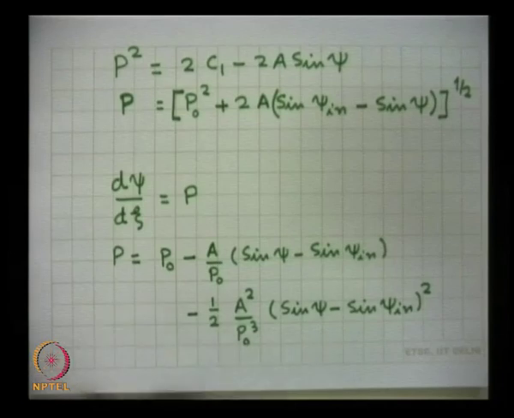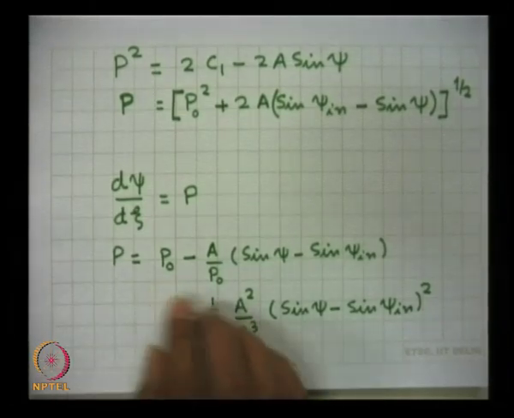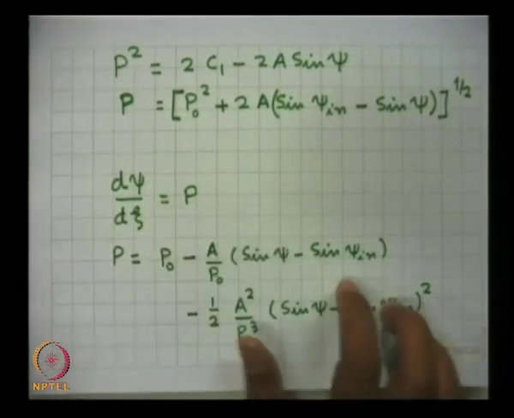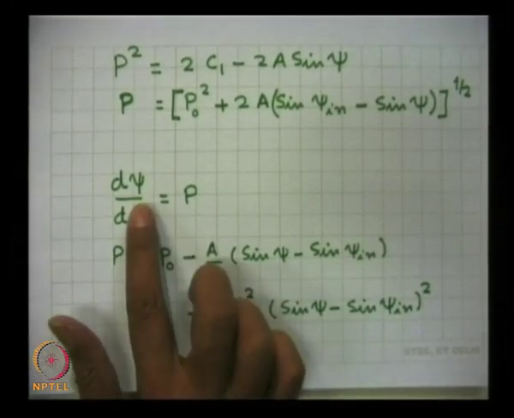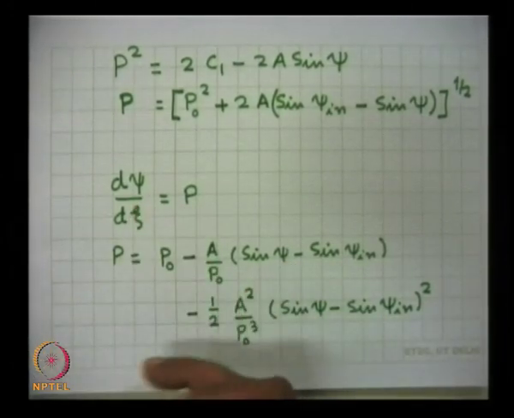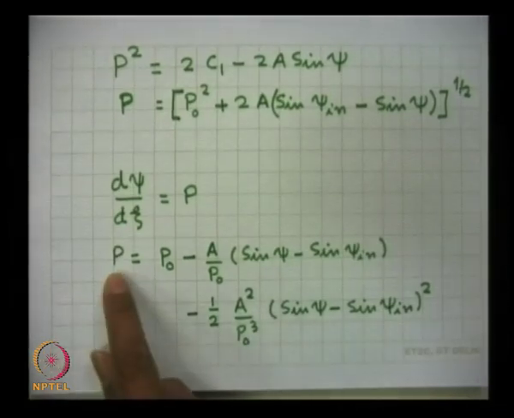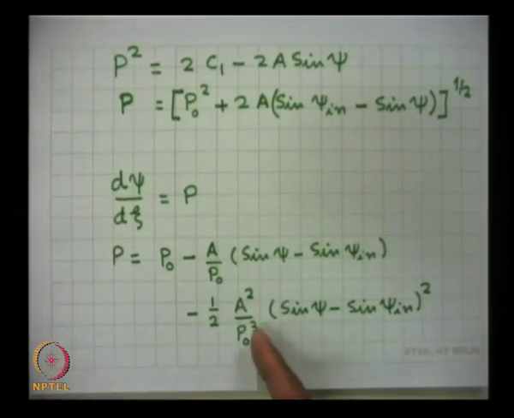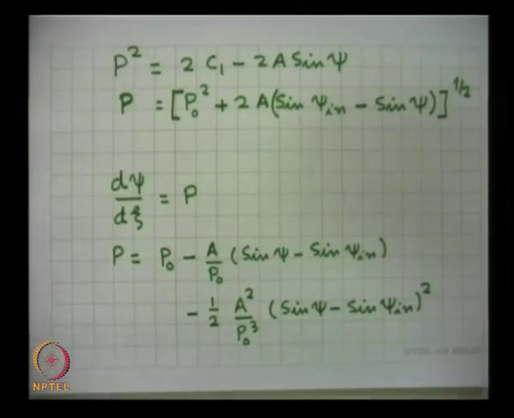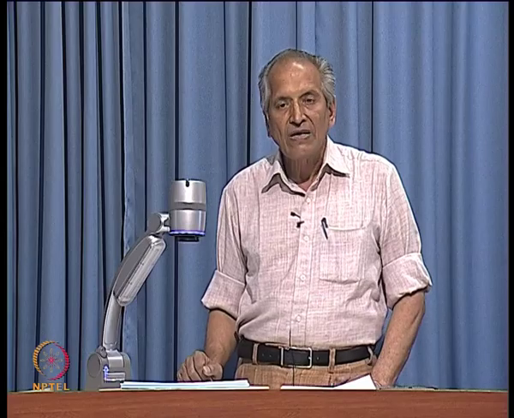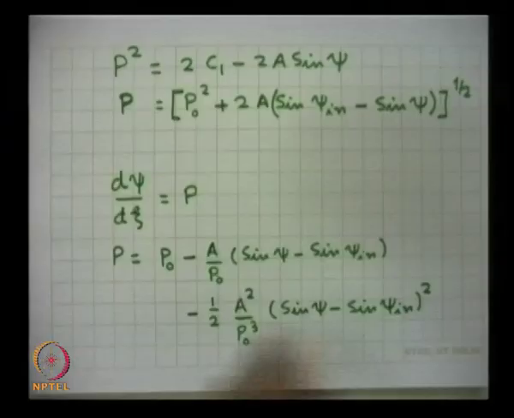Then I will use that value of psi in here and use that value of P again to obtain a new value of psi. So, iteratively I will evaluate P to higher orders in A square, and finally I would like to find out what energy the electron retains at the exit point at xi equal to 1. Xi equal to 1 means z equal to L, at the end of the interaction region, and this will be a function of initial phase.